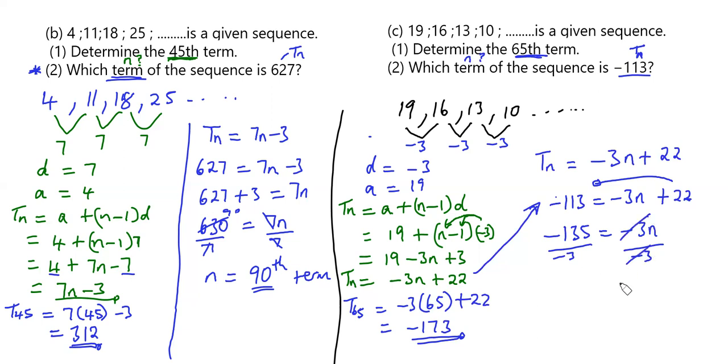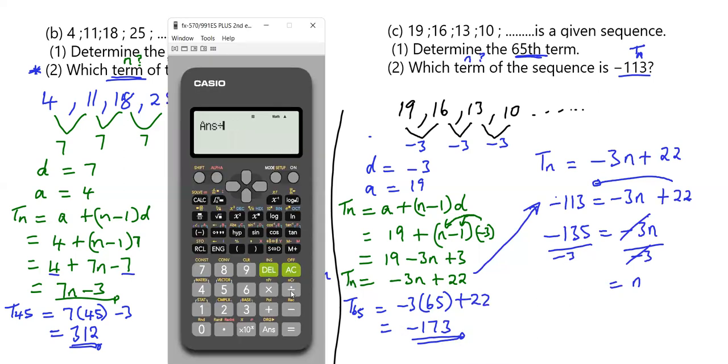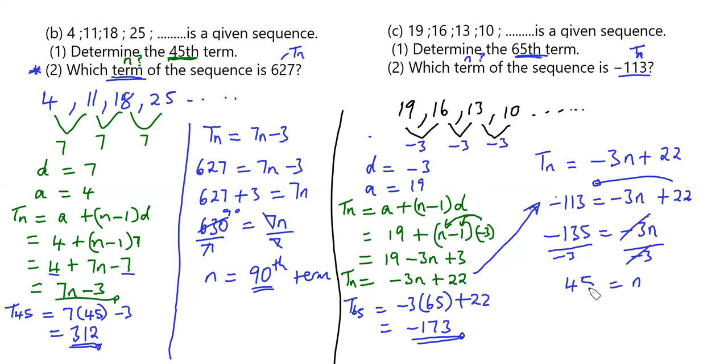Our n is going to be 45. N is equal to 45, and that is the 45th term.